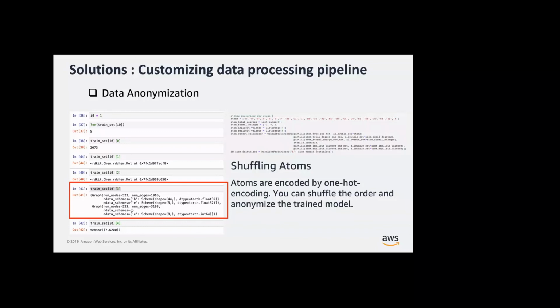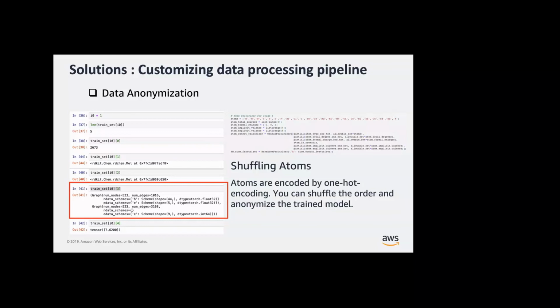The solution we provided was that we actually shuffle the order of the atom encoding. Atoms are encoded by one-hot encoding, like given like this: H, N, O, C, P. But by shuffling the order, you can actually anonymize it.